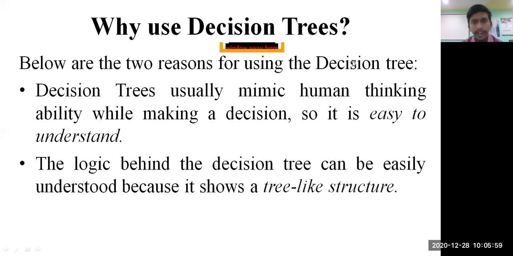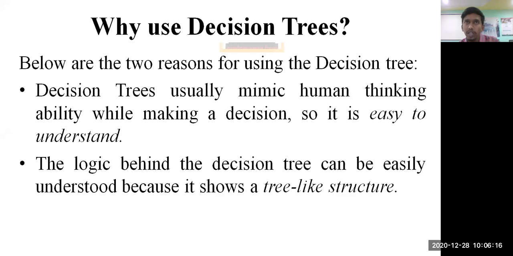Why do we use decision trees? There are some reasons why we go for decision trees for decision making. Basically, decision trees usually mimic human thinking, which makes it easy to understand how to make a decision.